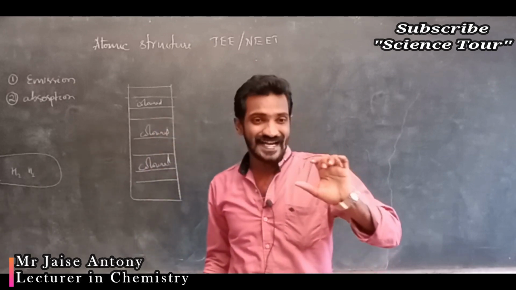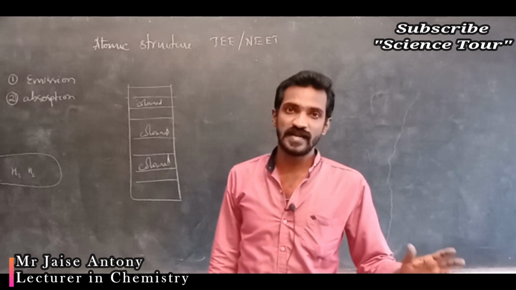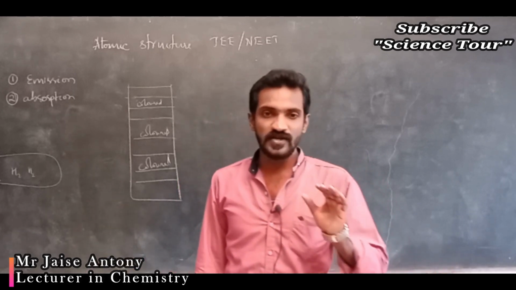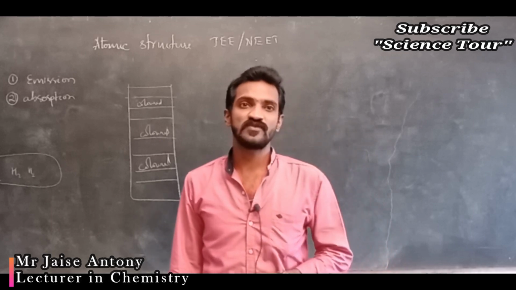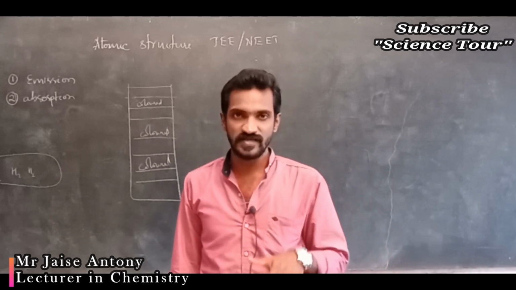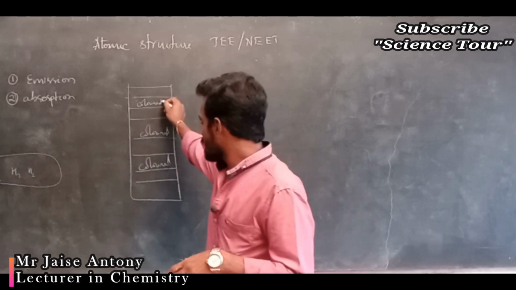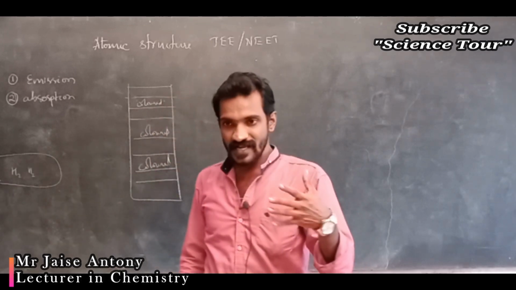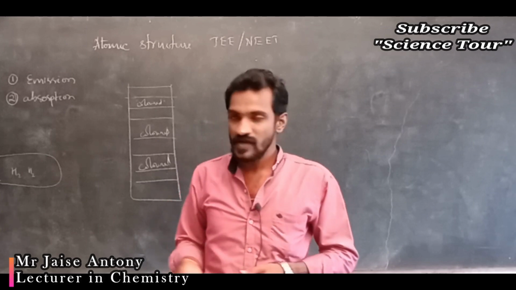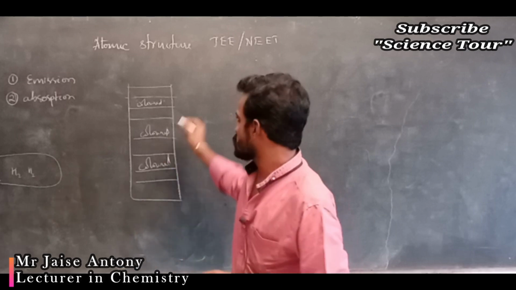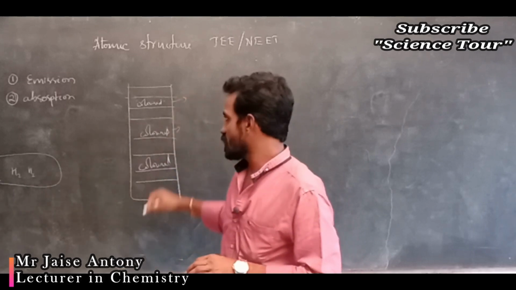It is colored lines on a dark background, because hydrogen gas emits 4 or 5 different wavelengths. Those wavelengths are colored, so when you arrange this spectrum, you get colored lines on a dark background. For example, this may be bright yellow.